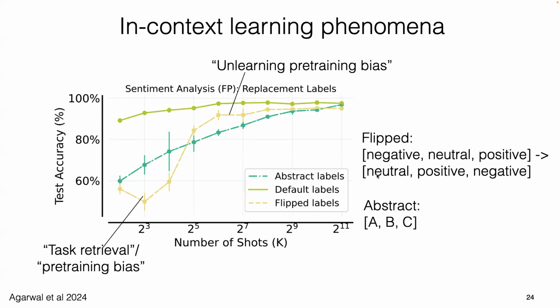Okay, so it's like "I hate this movie," neutral. And so in some sense the model has to unlearn the idea that "I hate this movie" should be mapped to negative. And that's their argument here. It seems like with this model and this task, it's able to do some amount of this in-context unlearning.